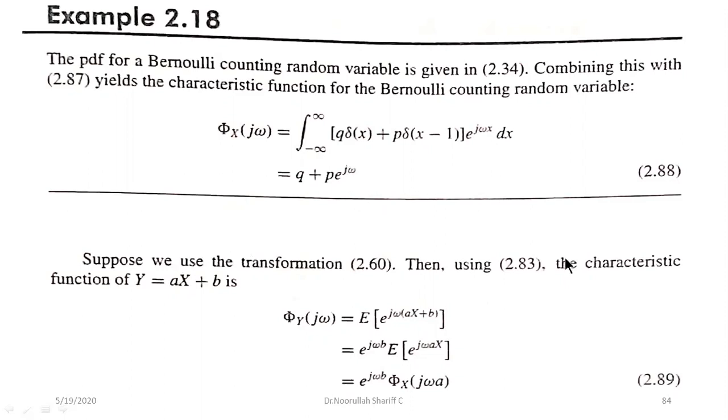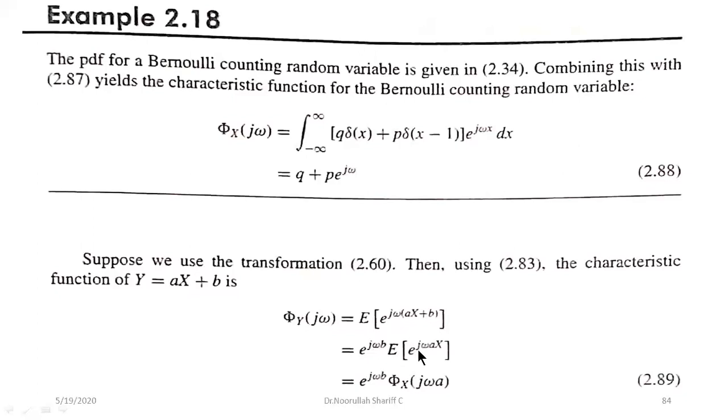Suppose we take a transformation y = ax + b. Then we can write the characteristic function as E[e^{jωy}], and in place of y we write ax + b. Expanding this, it is e^{jωax} times e^{jωb}. Here e^{jωb} is just a constant, so you can take it out.